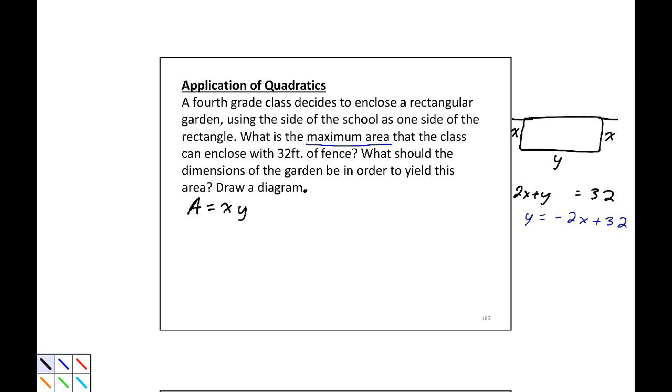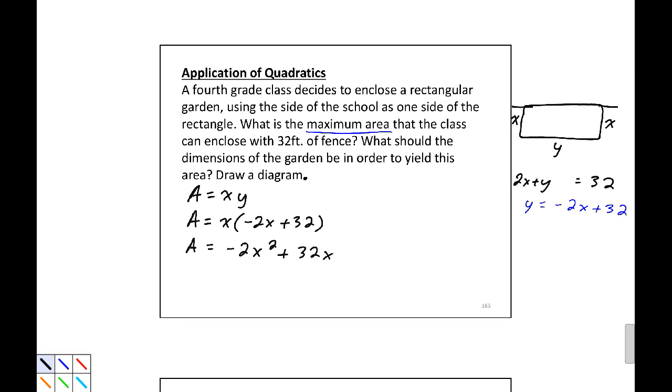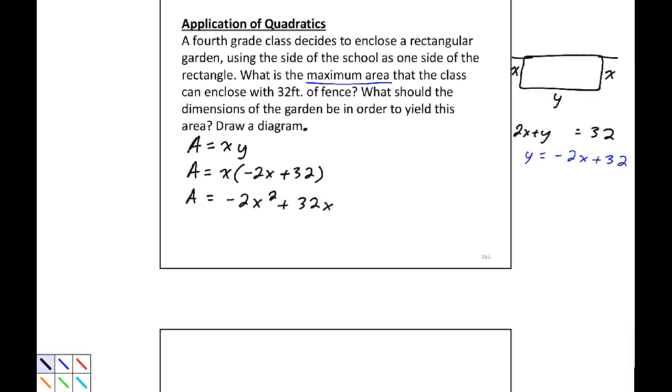And then replace that value of y into our area formula. So area equals x times minus 2x plus 32, so that my area formula is minus 2x squared plus 32x. Now, there's my function. If I want the maximum area, that would be finding the vertex in this context.